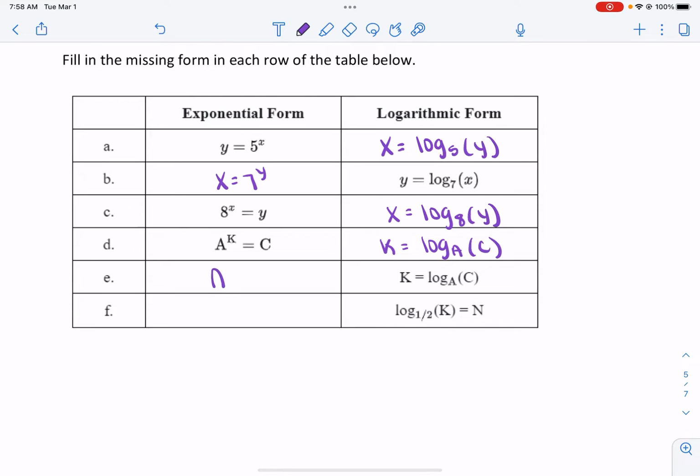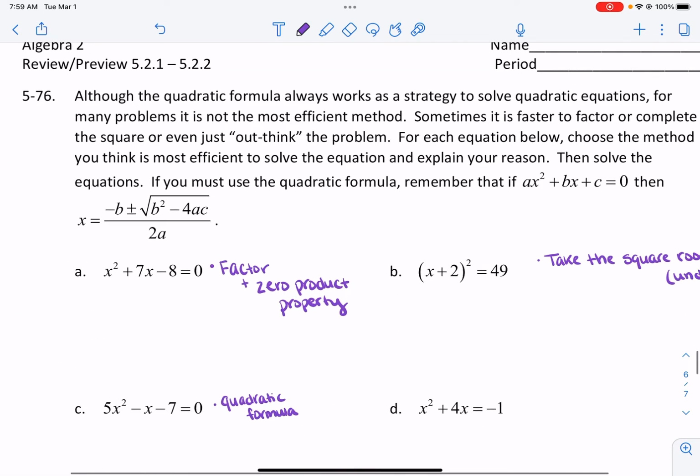All right, so make sure you're checking your answers, fixing anything that needs to be fixed. Okay. Awesome. Let's go to the next one, 5-76.